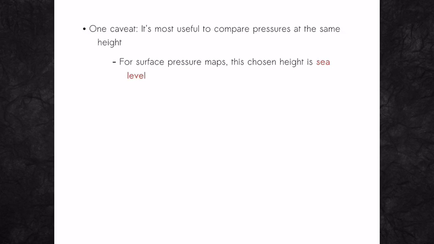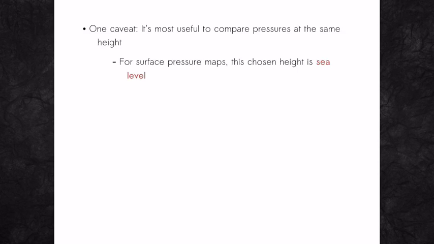The idea is that pressure decreases as we go upwards through the atmosphere. So if you're comparing pressure at different heights, the one that's higher is almost always going to have a lower pressure. And so you don't get as much information about how pressure changes from location to location because the higher one is just always going to be lower. So you always want to be taking pressure and comparing it at the same height to make a fair comparison.